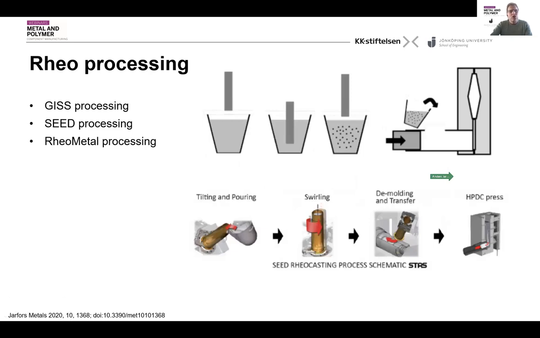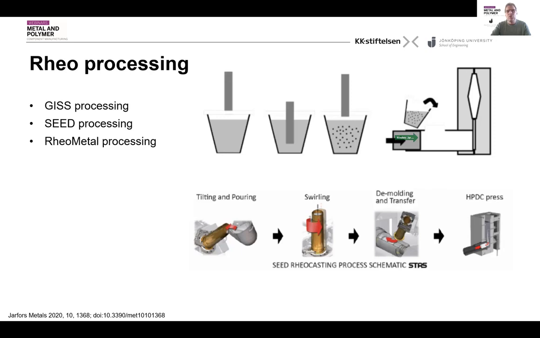Now, the main topic of today are the three processes: the gas-induced superheated slurry, the swirling enthalpy equilibration device, and the RheoMetal process. Now, I will not go very much into detail here, but in the GISS process, you start with a melt. You introduce a body, through which you introduce gas flow into the melt, and you generate some nuclei, and then you cast it as a normal process.